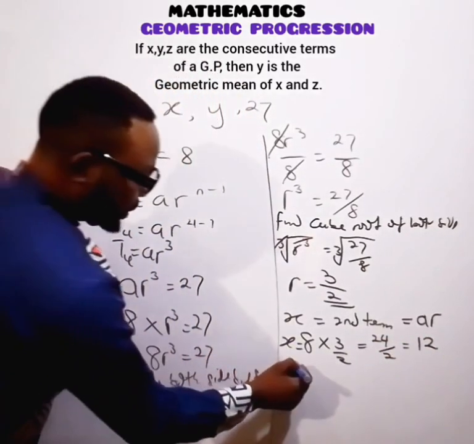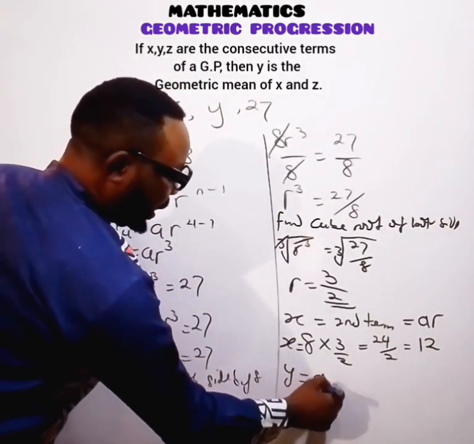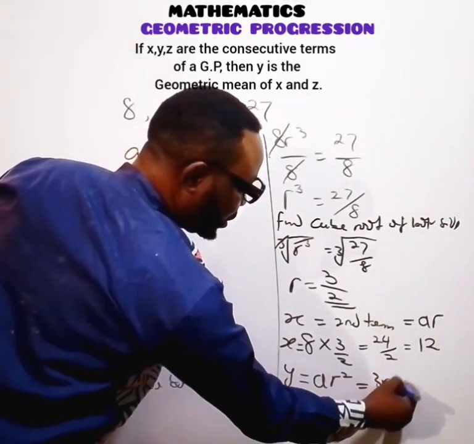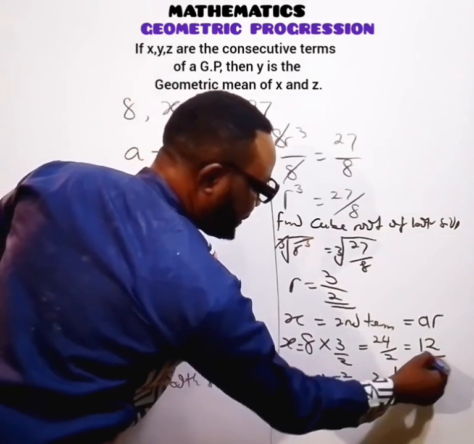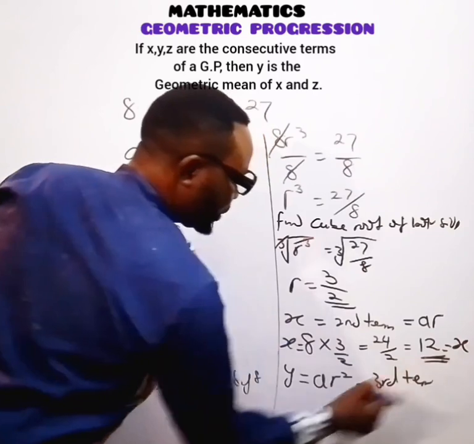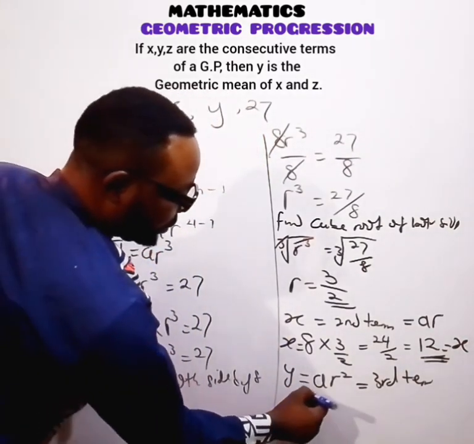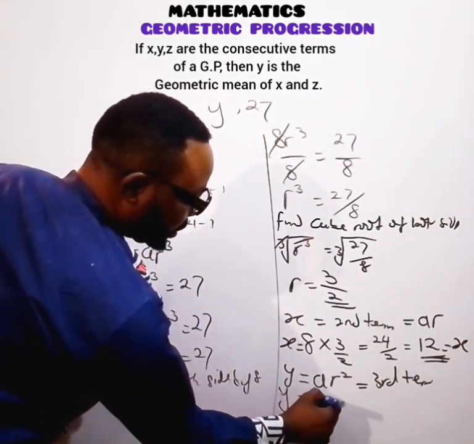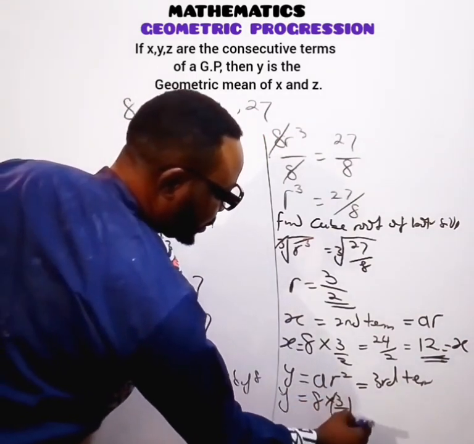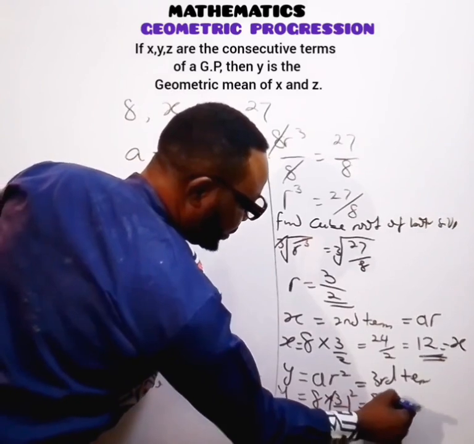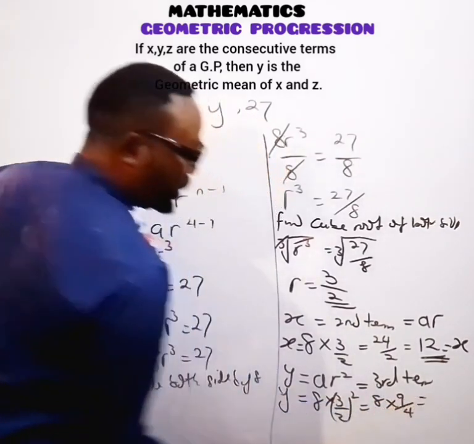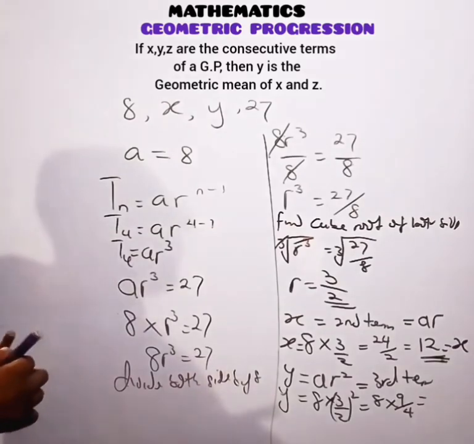Then y. y will be equal to ar raised to the power of 2 because y is the third term. So we have y now equal to a, which is 8, multiplied by 3 over 2 squared, which is equal to 8 multiplied by 9 over 4.